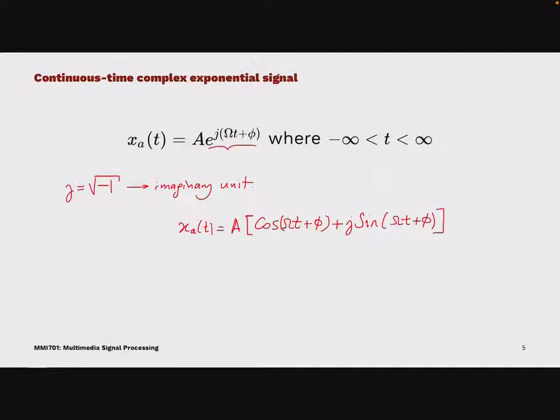And the different parts of our signal are orthogonal to each other, that is, we have cosine and sine in the real and imaginary parts of our signal.